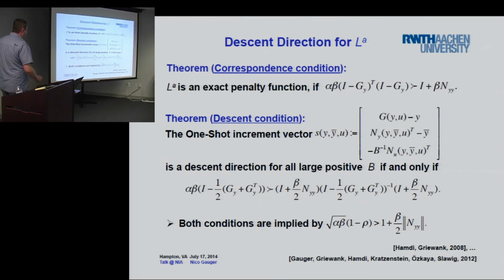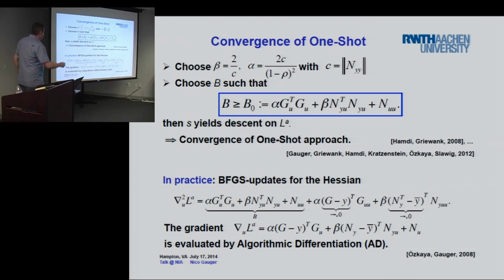Just to give an idea, if this inequality for alpha and beta is fulfilled, we have this convergence for sufficiently large B's. What does sufficiently large mean? This means this guy. Now you say, gosh, where the hell is this coming from? But it's quite easy. If you look at the Hessian of the augmented Lagrangian, the reduced Hessian with respect to U, this appears here plus extra terms, and these extra terms are weighted by the residuals in the primal and the dual solve, which tend to 0 during the scheme.